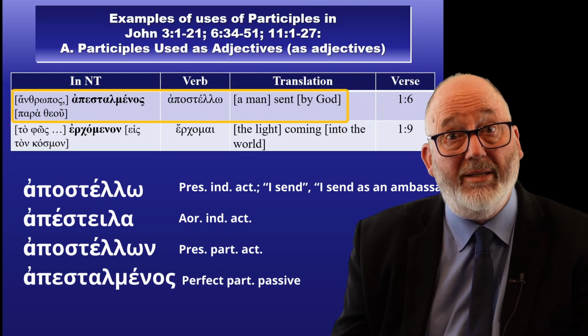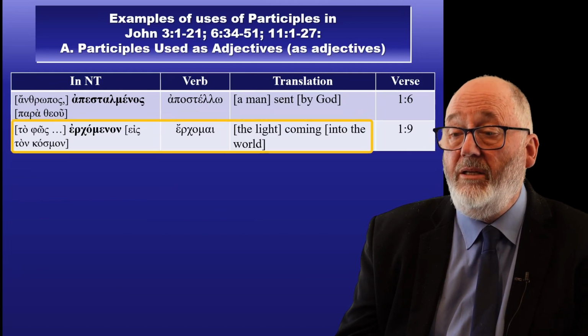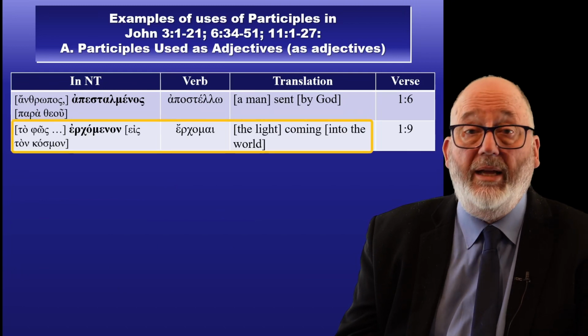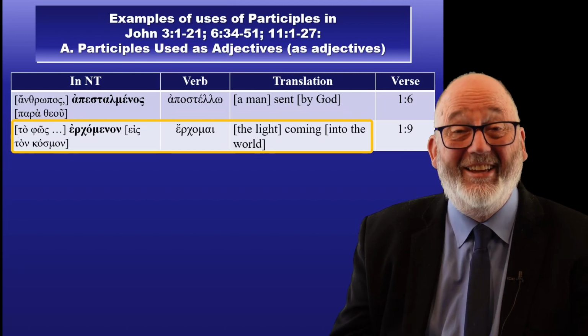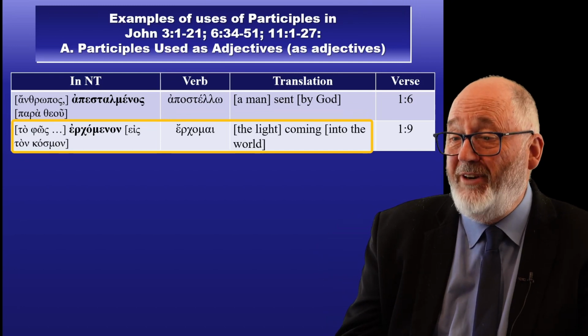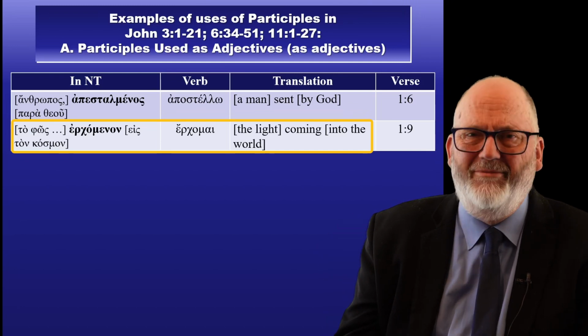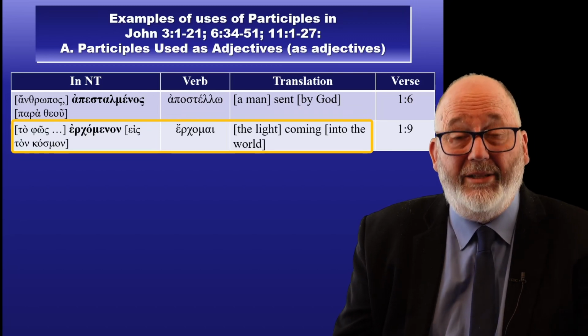Or a man who was sent by God. To phos erchomenon eis ton kosmon, the light coming into the world. And in fact, you can see the English present participle used to translate erchomenon. Used very like in English, and it's used as an adjective.